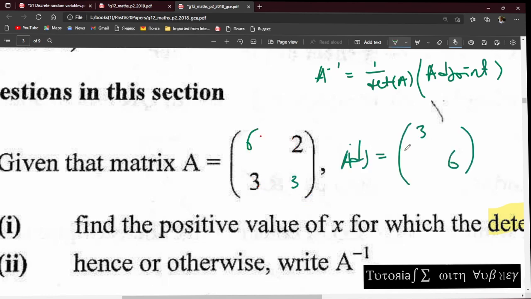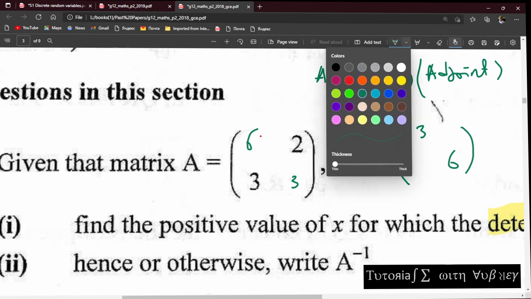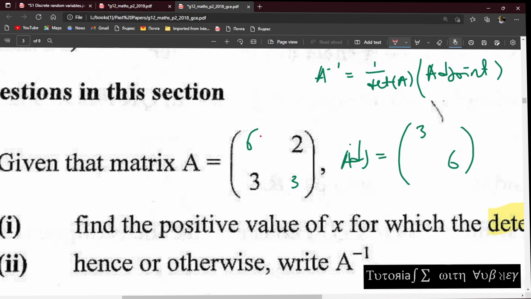Then for the minor diagonal, we multiply the elements by a negative, so basically the sign changes. If there is a positive, it becomes negative; if it's negative, it becomes positive. Like here, this is a positive, and this is a positive.